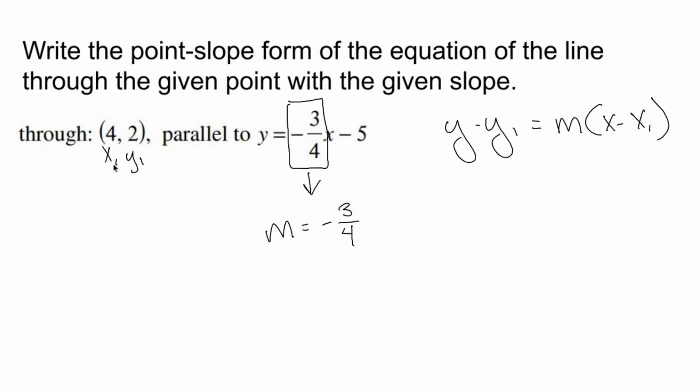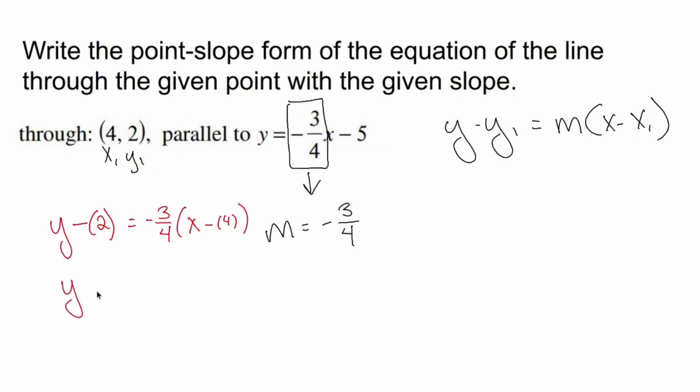So now that I know that I have a point of x sub 1, y sub 1, and a slope of -3/4, I can plug it all in. Y minus, instead of y sub 1, I'm going to write out 2, equals, and instead of m, I'm going to write out -3/4, parentheses x, minus, instead of x sub 1, I'm going to write out 4, and those parentheses were overkill.